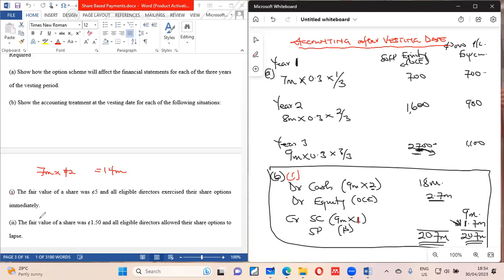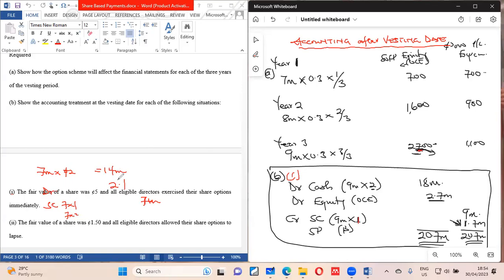Then if only 7 did, in this 2.7 we are going to take the 7 out of the 9, which will give you 2.1. So it is the 2.1 that we will debit against our equity. Then our stated capital will be 7 by 1, which is 7. Then share premium of 7 by 1.